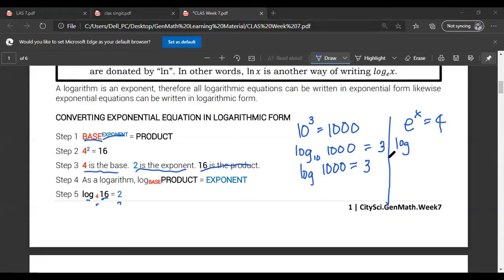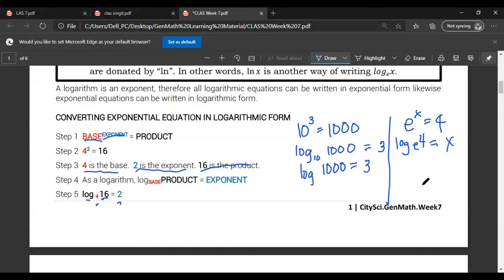Sige, sulat muna natin yung form ha. Okay, so we have logarithm of the product which is 4 with the base. Anong base natin? E is equal to the exponent which is x.